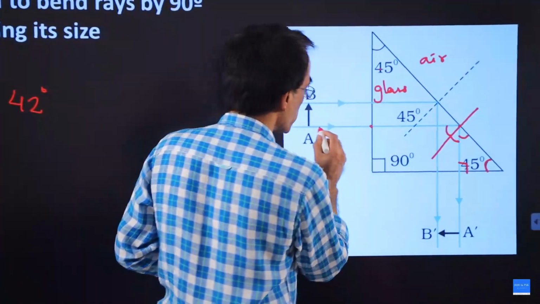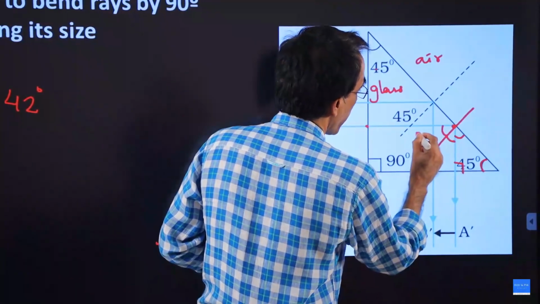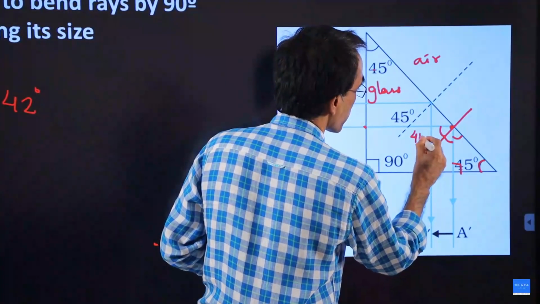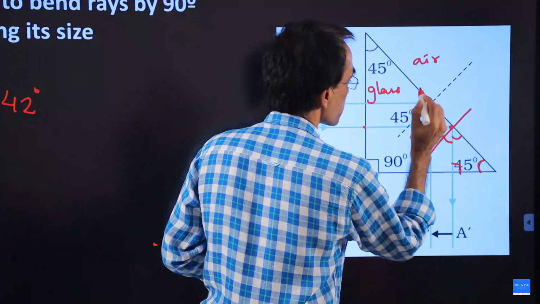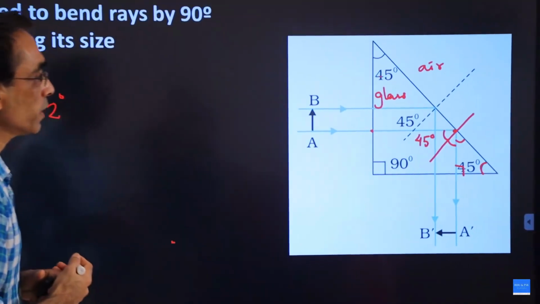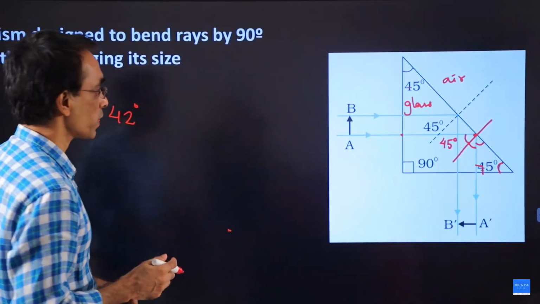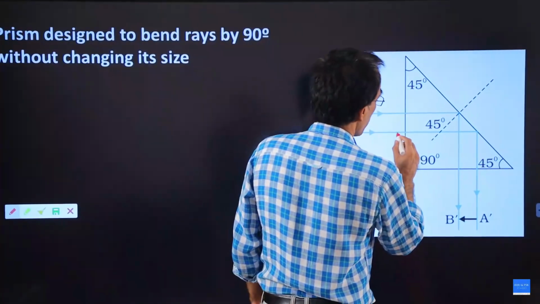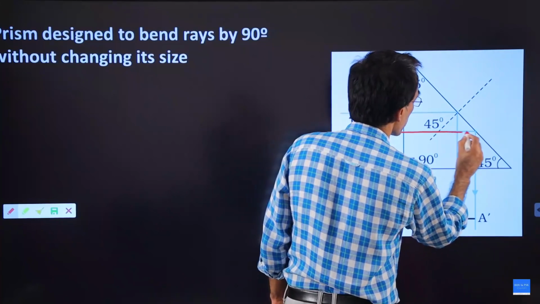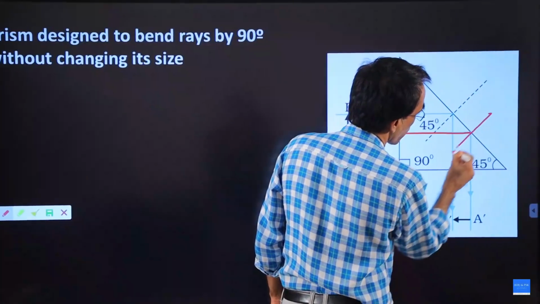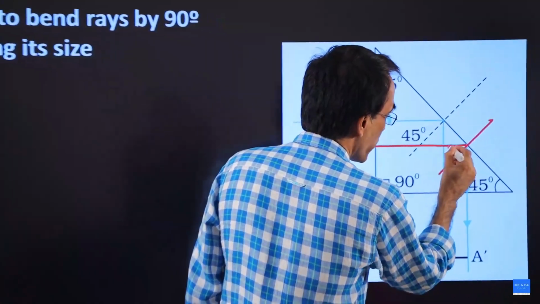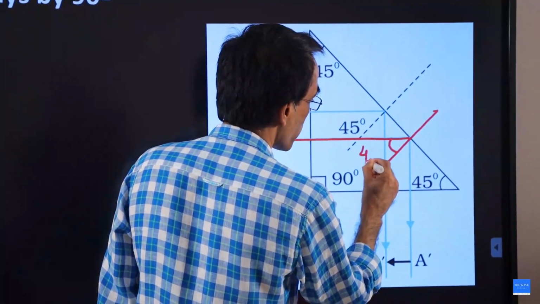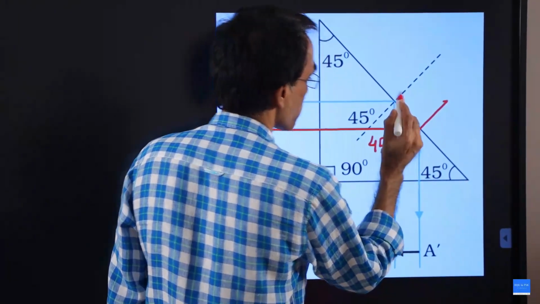So for this light ray here, angle of incidence is 45 degrees. Is that okay? Angle of incidence is 45 degrees. Once more, this light ray falling at this point, draw a normal, find this angle, and by geometry this angle is 45 degrees.